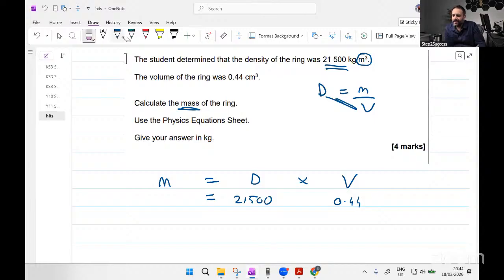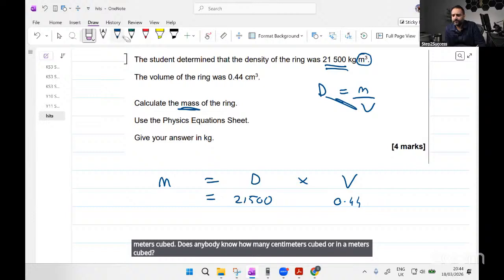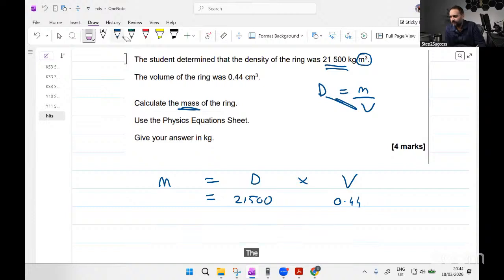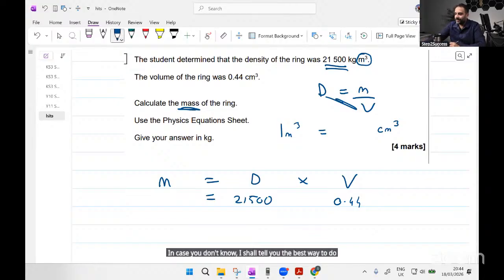Does anybody know how many centimeters cubed are in a meters cubed? The answer is not 100. In case you don't know, I shall tell you the best way to do this.